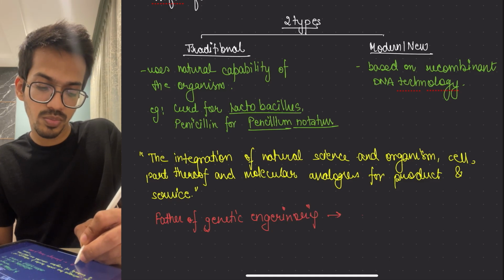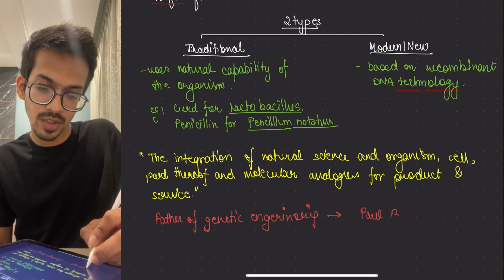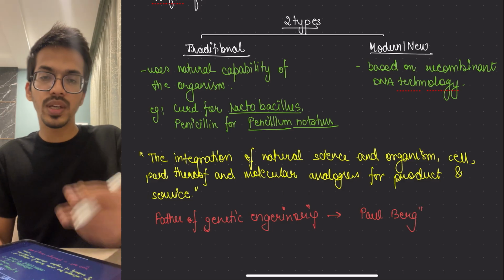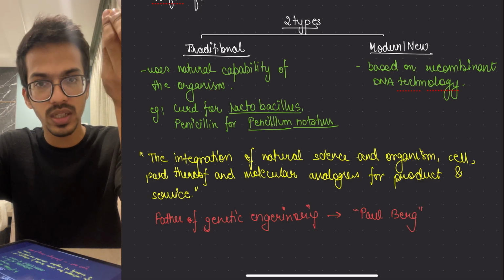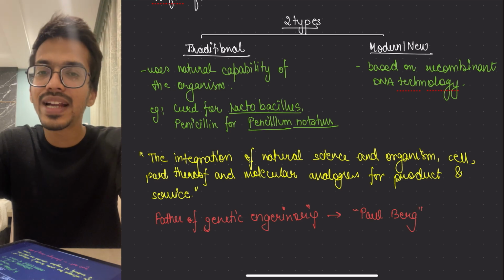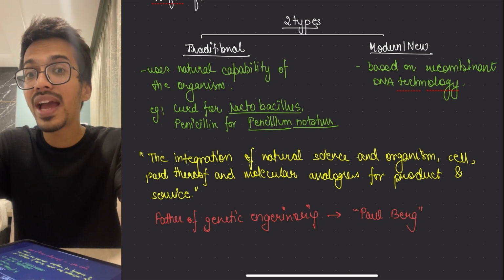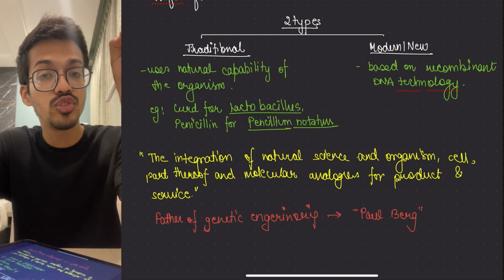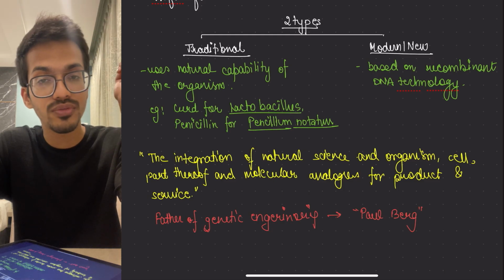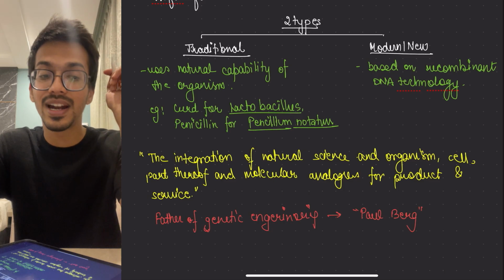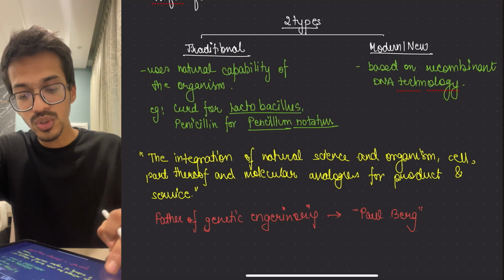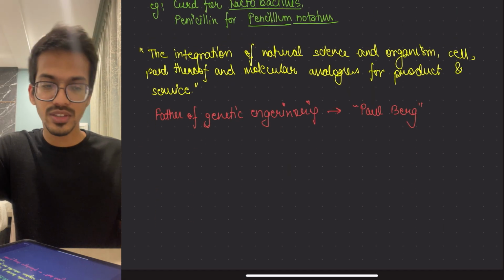That is known as Paul Berg. What did he do? He took out the plasmid from Staphylococcus and put it inside E. coli. Now the E. coli is able to get certain features which were present on the plasmids of Staphylococcus. This is the history of it, which is given in your NCERT as well, so you will be remembering this story.